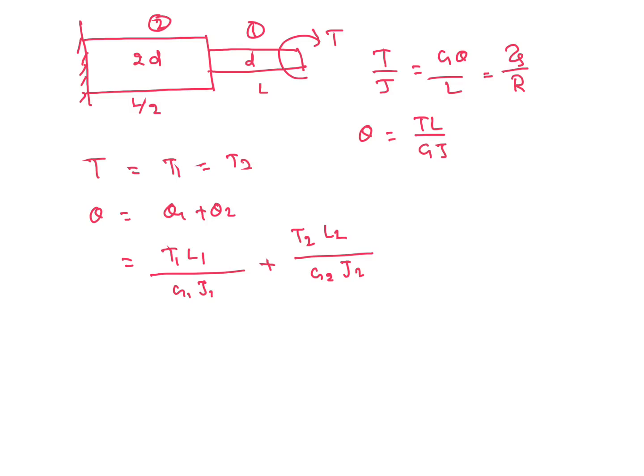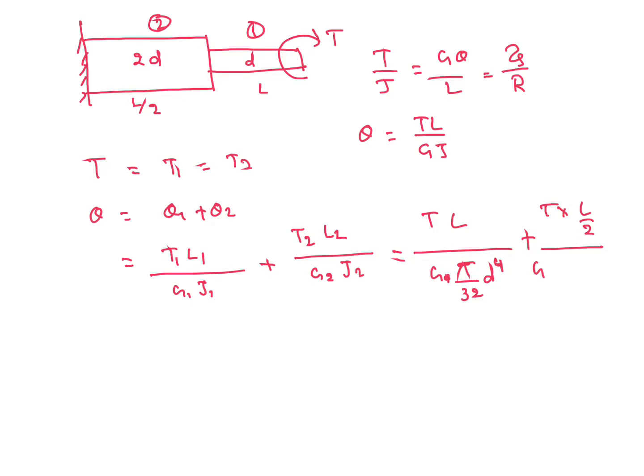Then length is changing, T into L by G1 J1 is, pi by 32 D to the power 4. For second section, length is L by 2, T into L by 2 divided by G2 is G into pi by 32, it's 2D.